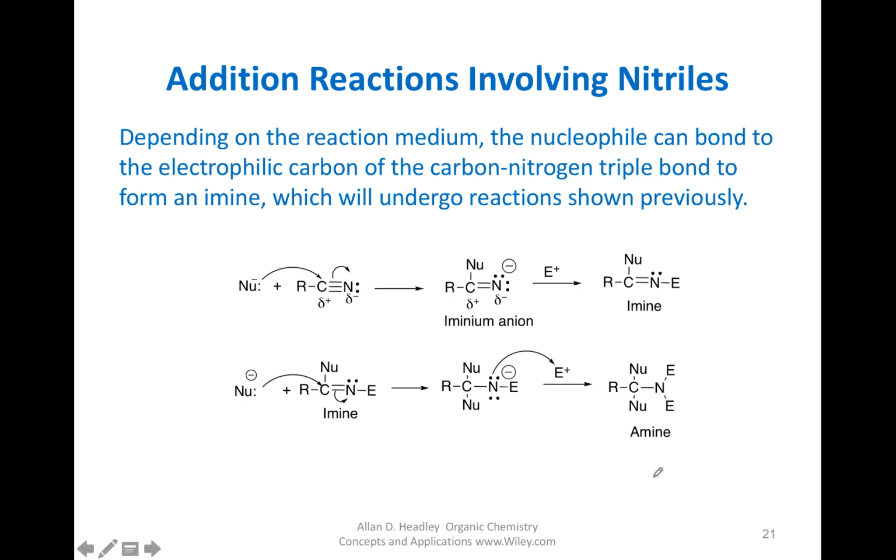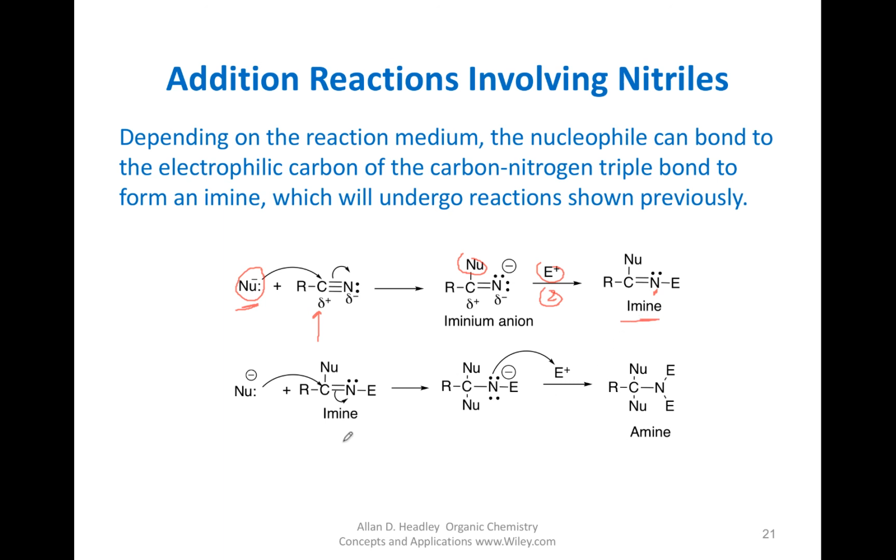So let us see if this is possible in the presence of a basic medium. So if we have an excess of nucleophiles, so no protons are present here in the first step, we have a large excess of nucleophiles such as OH negative. So if this reaction were to take place in KOH, for example, KOH would add here first, regiospecific, to the positive carbon as shown here, and in a second step, the electrophile would add to this nitrogen here as shown to give us the imine.